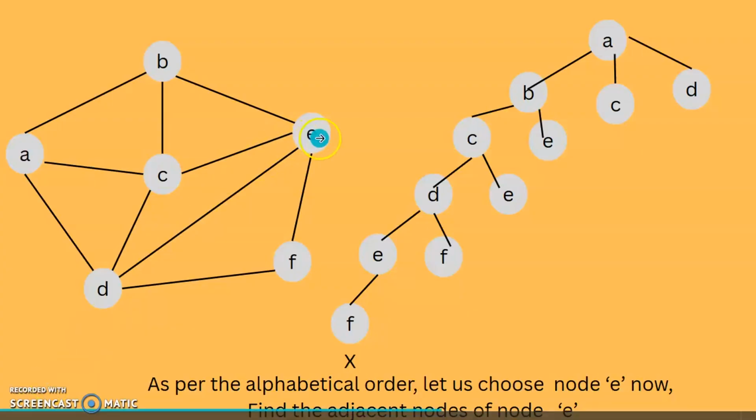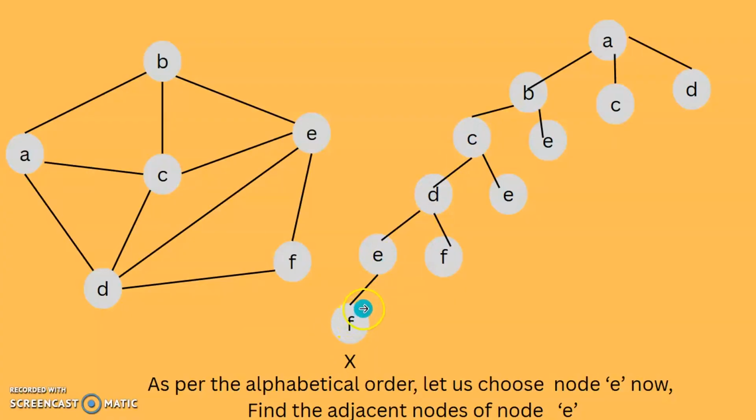The adjacent nodes of E are B, C, D and F. Out of this, B, C and D already come here, so you give only F as adjacent to E.